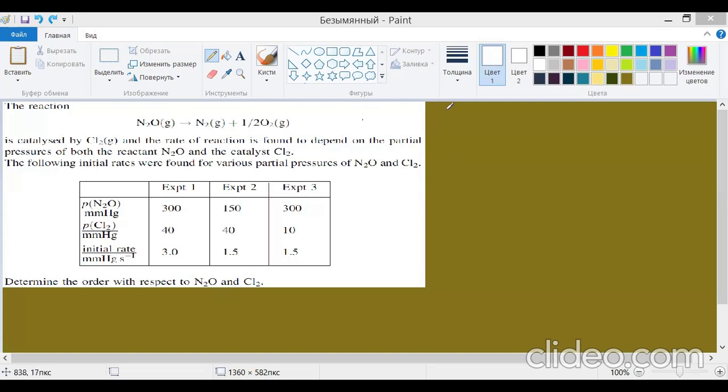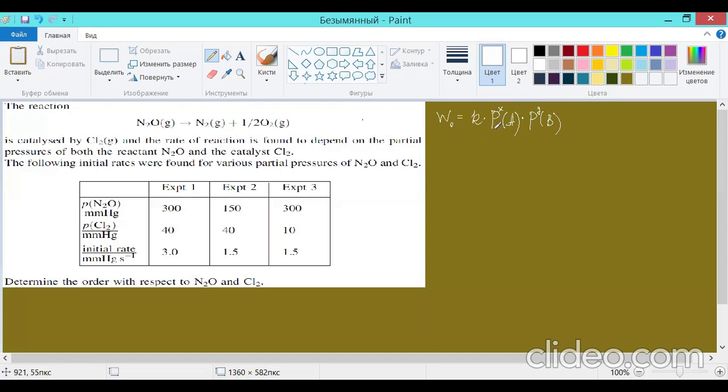So we can write that the initial rate of this process is equal to the rate constant k multiplied by the partial pressure of N2O, let's put it as A, raised to X, times the partial pressure of chlorine, let it be B, raised to Y. We are supposed to find the values of X and Y.